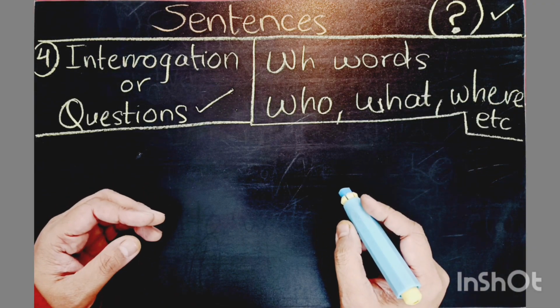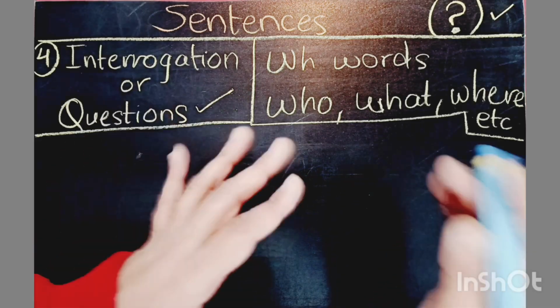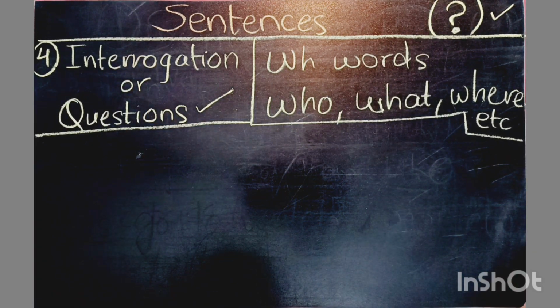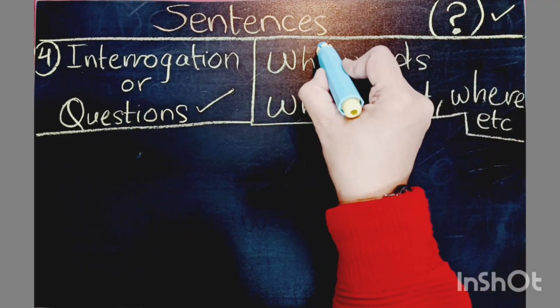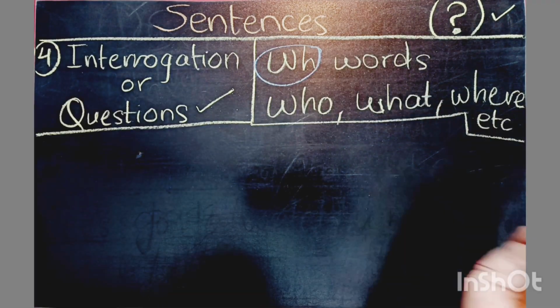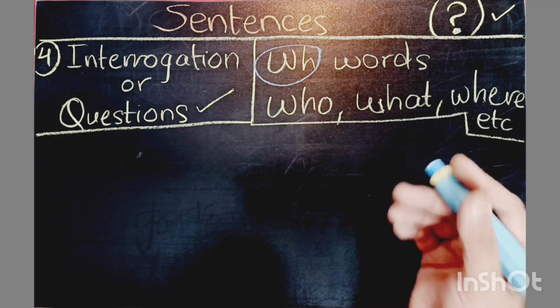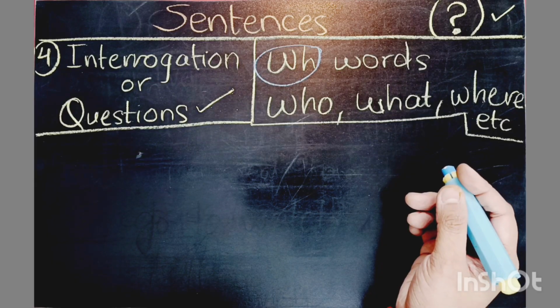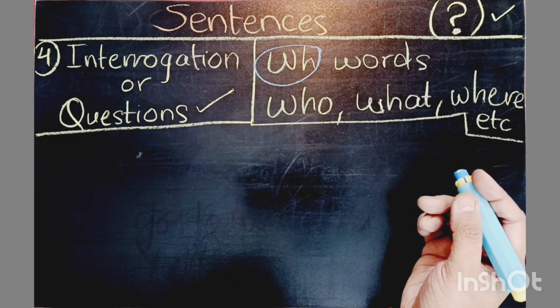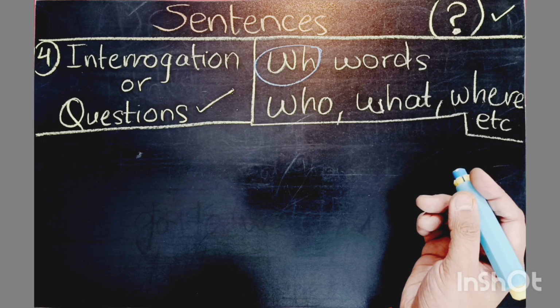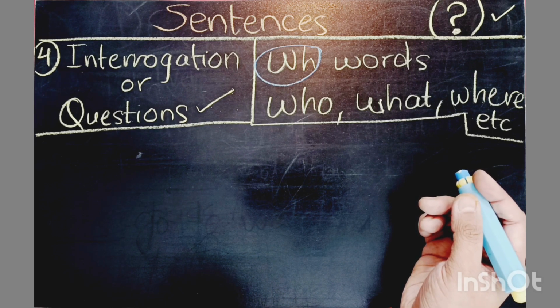And they also start question, actually. Not only they start with the WH words, but they can also start with a helping verb. Okay. So essentially, if a sentence is there to be questioned, so they start with a helping verb also.